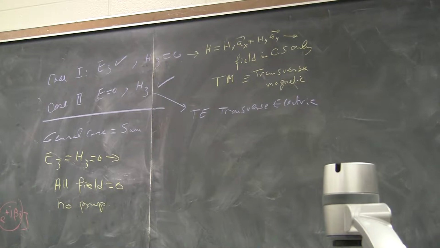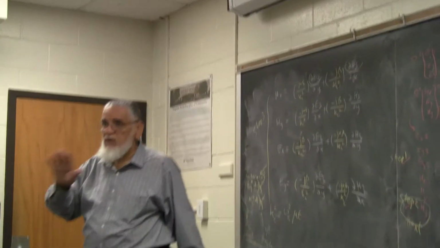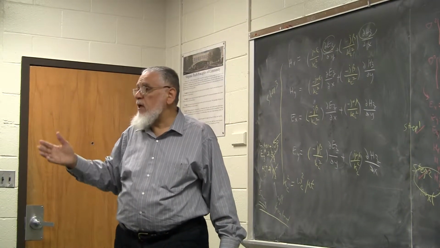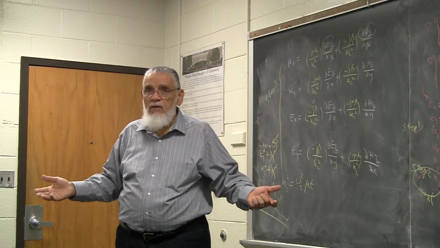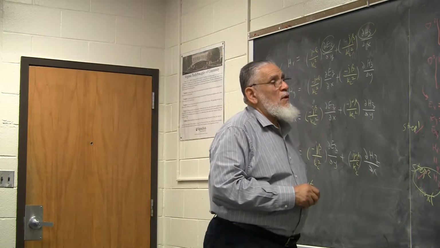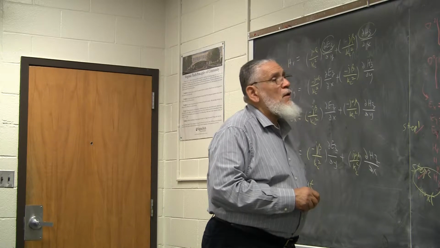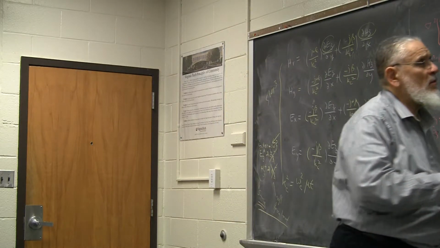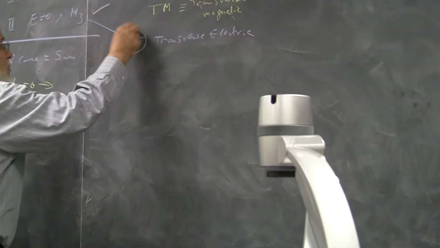So we're breaking the problem into two different sets of solutions. One of them is transverse electric, and the other one is transverse magnetic. And the general case would be neither. It's simply the superposition of the two. So let's start with the TE modes, or the TE solution.